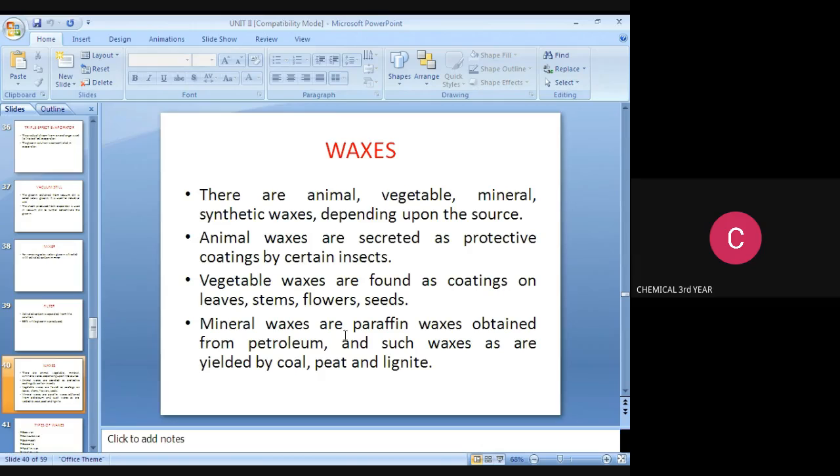The source of vegetable wax is the coating on leaves, stems, flowers, and seeds. Mineral wax or paraffin wax is obtained from petroleum, and waxes are also yielded by coal, peat, and lignite. So waxes are obtained based on the source: animal wax, vegetable wax, mineral, and synthetic waxes.